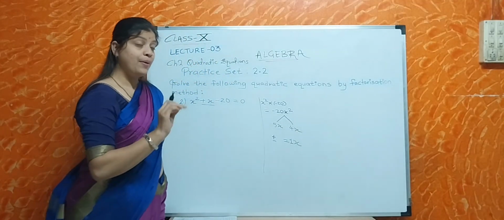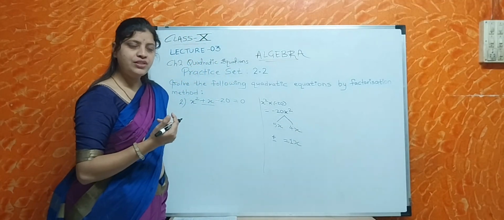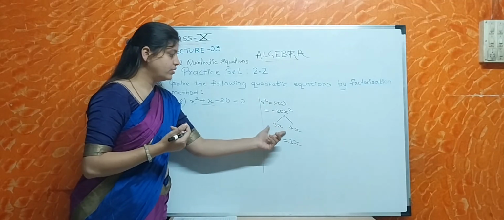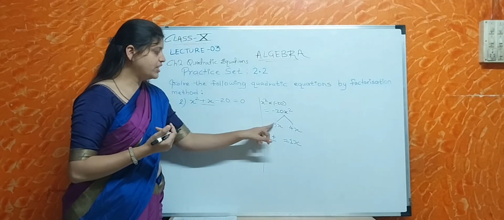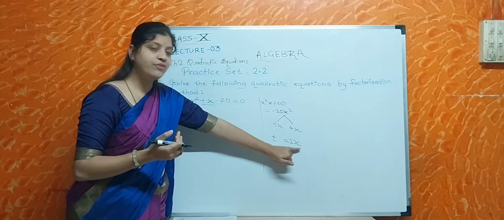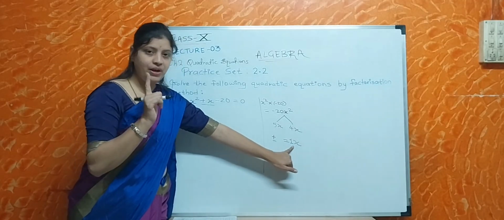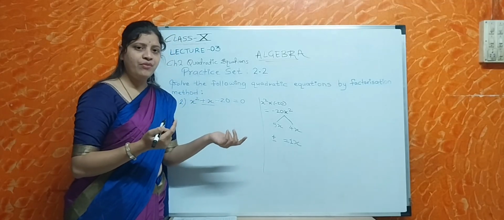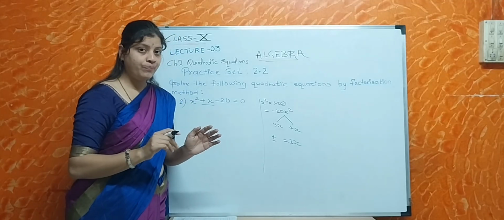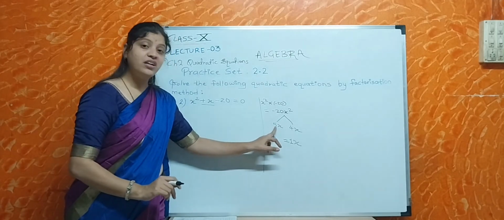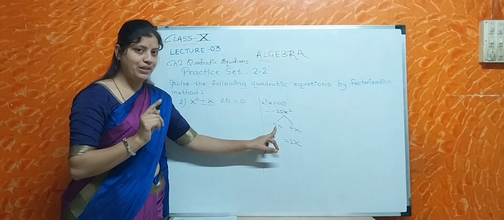Understood up to this? But see the sign first. Here we want minus, so we have to take it minus. So which number will we take minus? It will be decided by what answer we want here. Here we want plus 1, right? Here we don't want a negative sign. So if we want a positive sign, the bigger number should be positive compulsorily.